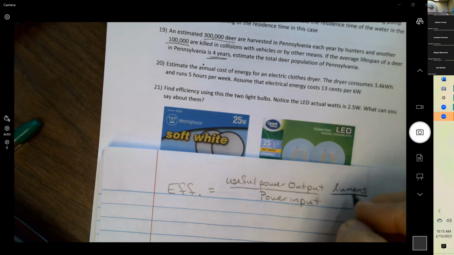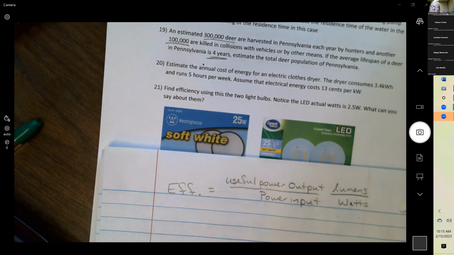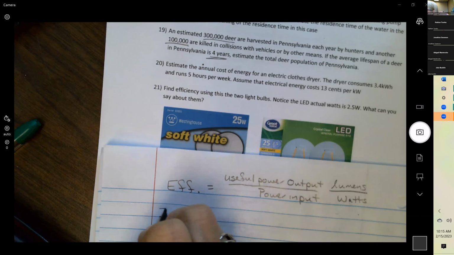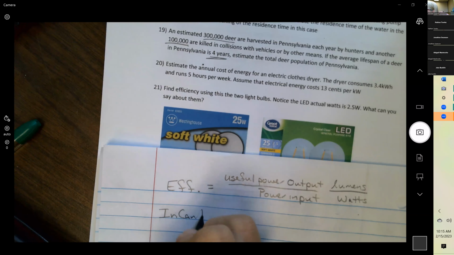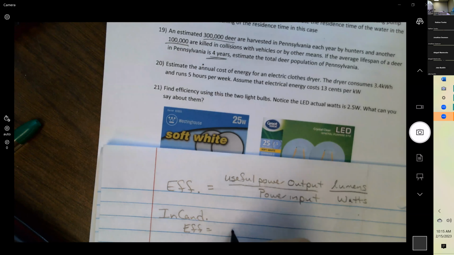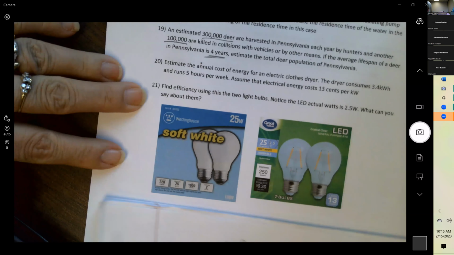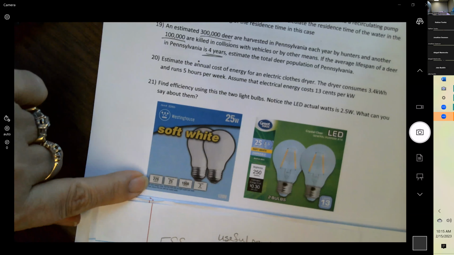And the output is your watts. So if we look at the incandescent first, the lumens are 220.